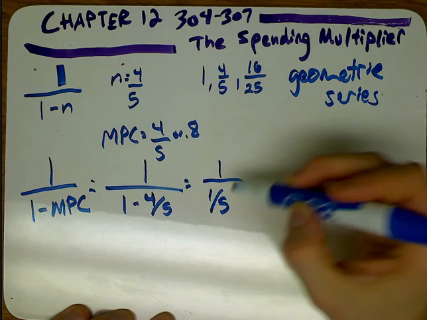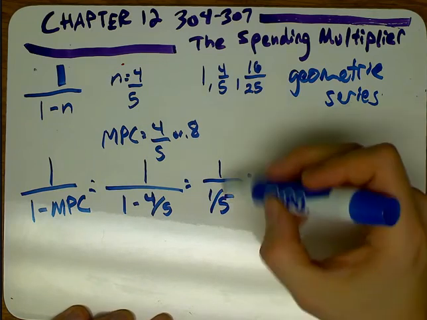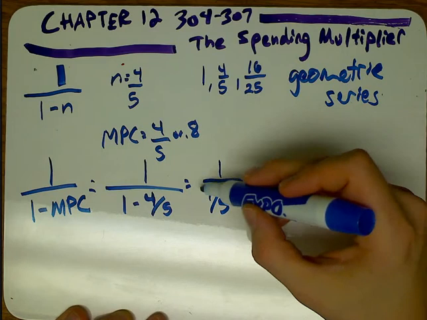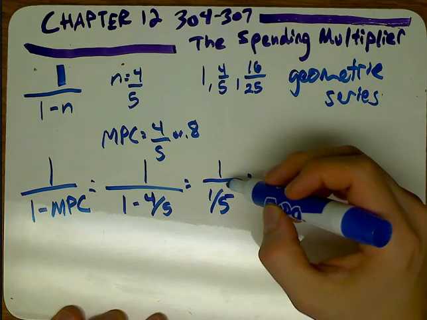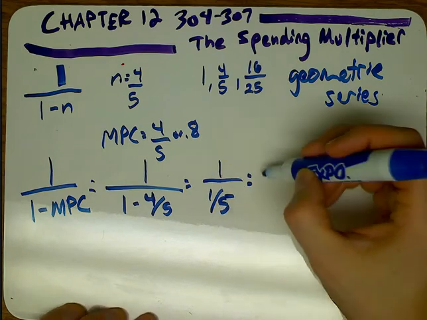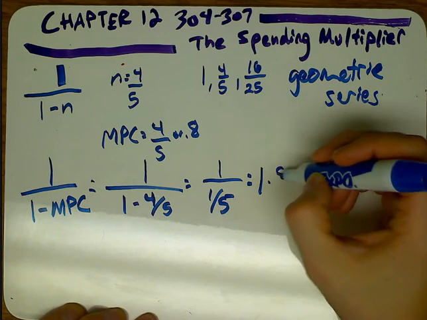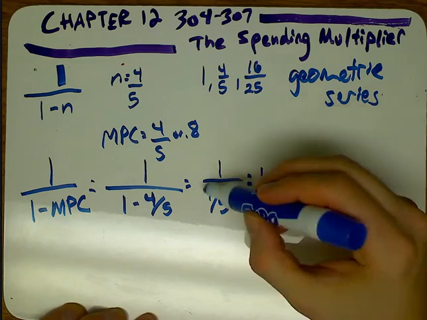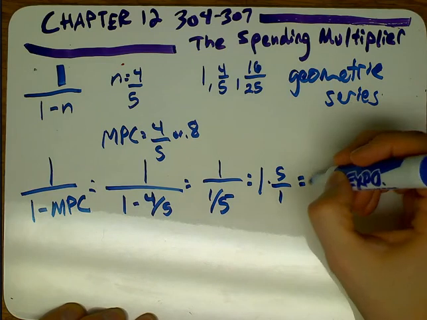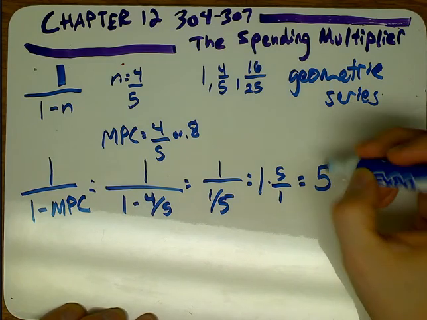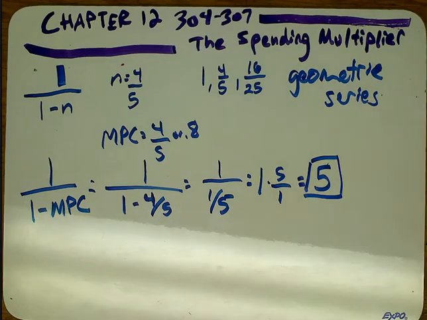And according to the law of fractions, this is 1 divided by 1/5, which is basically 1 times 5 over 1. That's how dividing by a fraction works. And that equals 5. So that is my spending multiplier.